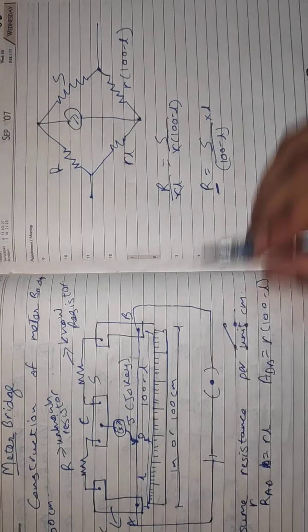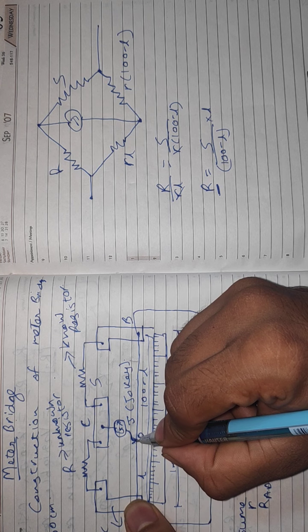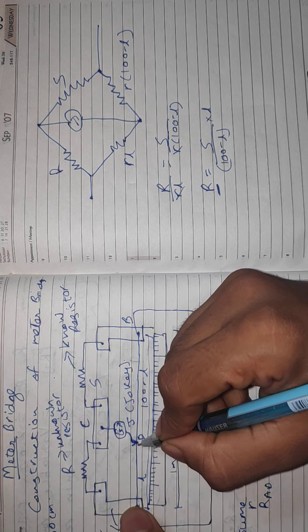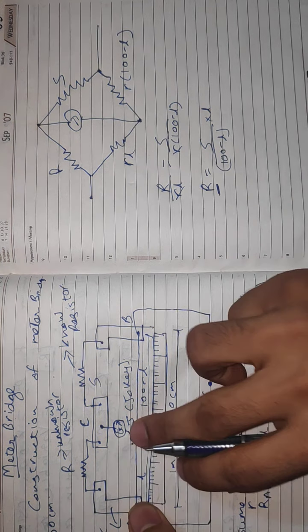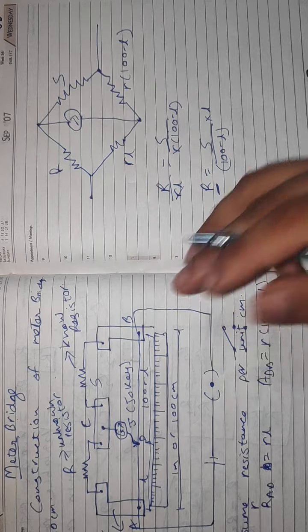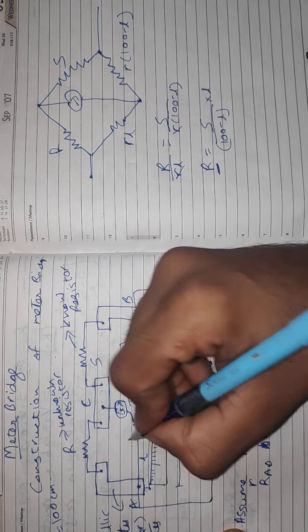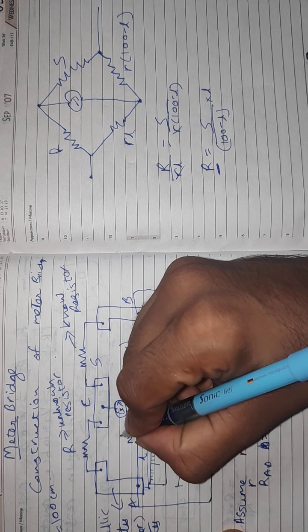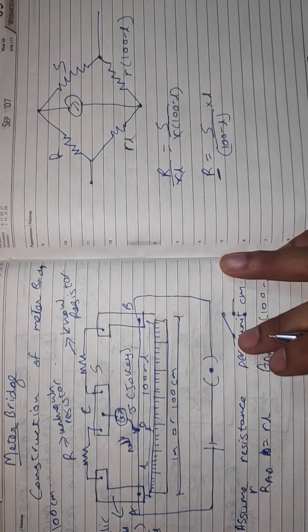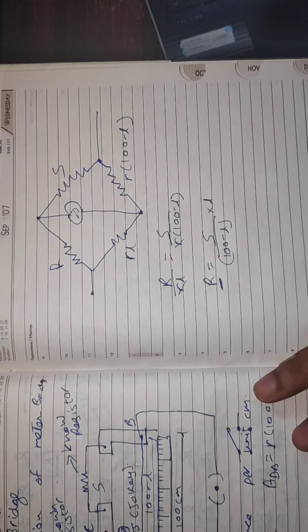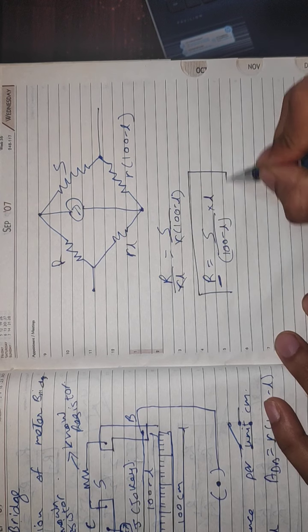L we know because we are balancing it, we have the scale over here. So when we are balancing, we can know at what point we get this. So we can measure this, so we'll know the value of L. If we know L, we can know 100 minus L also. And one important thing, the point over here is known as the null point. Null point, at which you get zero deflection or zero current, is known as your null point. So from here it is very easy, you can calculate the unknown resistor R.